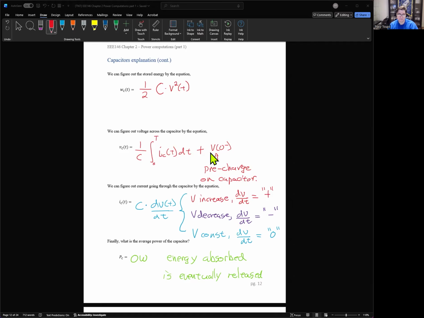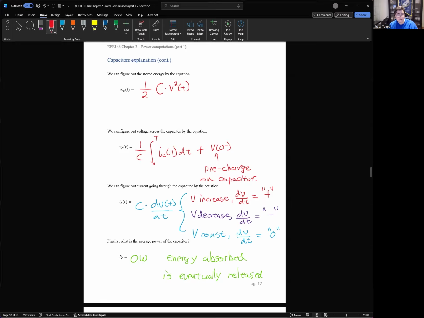Okay. In terms of the current in a capacitor, it is C times dV over dt. Very similar logic: if we take voltage and put it across a capacitor, current's going to flow, right? So if we try to increase the voltage, meaning we go from 5 to 10 volts, so we're going up in voltage, the rate of how fast we go up is first going to be positive, right?